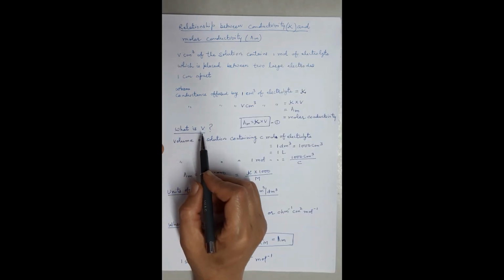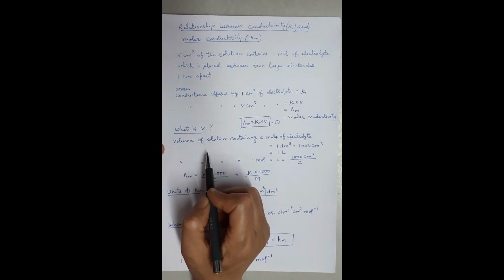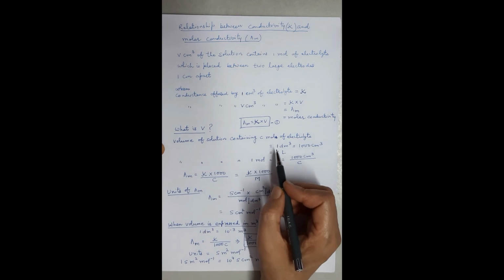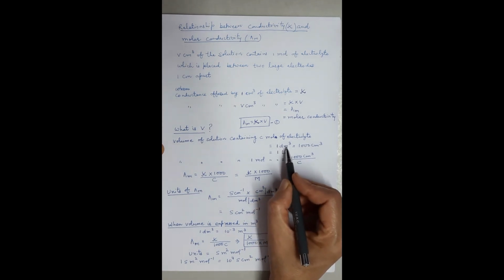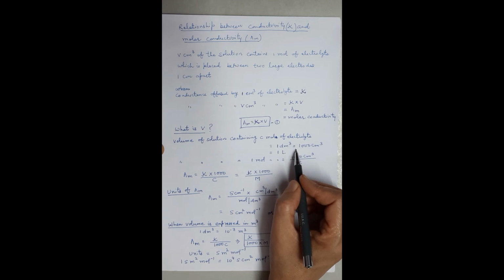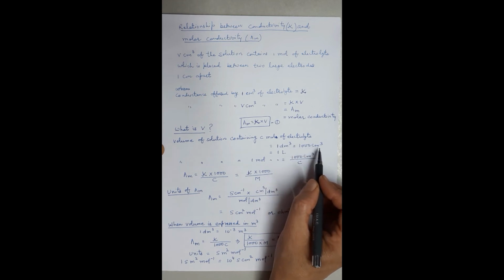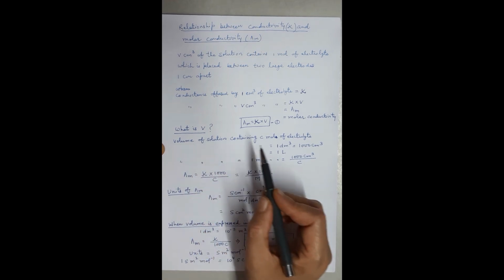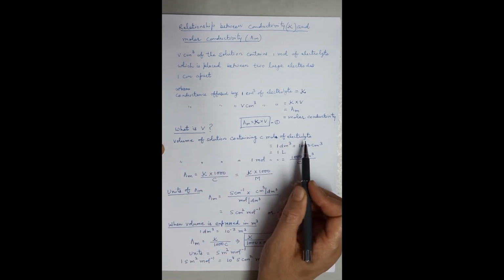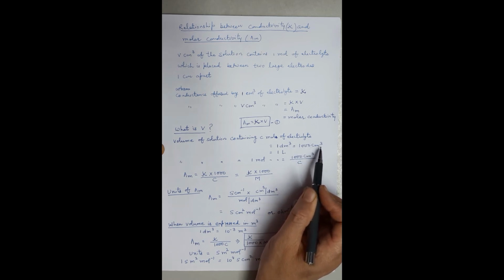Beta, what is V? We'll express V in terms of concentration. Concentration here is expressed in molarity. What is molarity? Some number of moles dissolved in 1 liter of solution. 1 liter means 1 decimeter cube, and 1 decimeter cube means 1000 centimeter cube. So the volume of the solution which contains C mole of the electrolyte is 1000 centimeter cube.